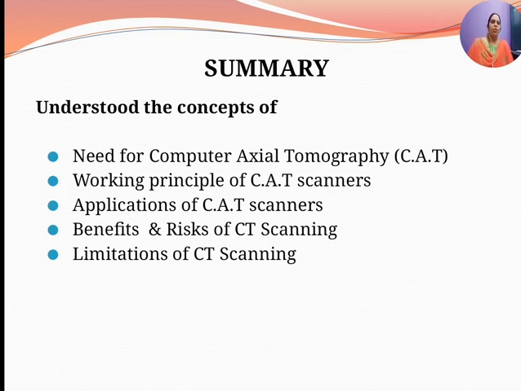Then coming to the need for computed tomography, CT scanning adds X-ray images with the aid of a computer to generate cross-sectional views of anatomy. It can identify normal and abnormal structures and can be used to guide procedures.